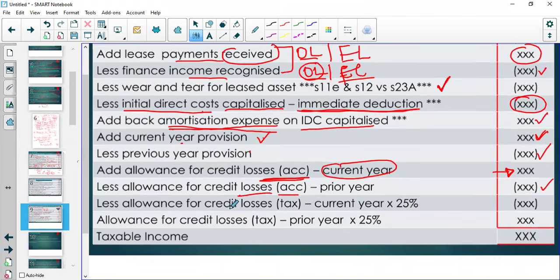And now the allowance for credit losses based on taxation, the 25%, the current year times 25%, is what we deduct during the current year. And the one for last year, the 25% times the prior year accounting credit losses, is going to be added back.